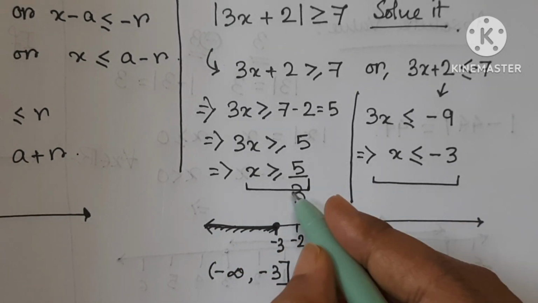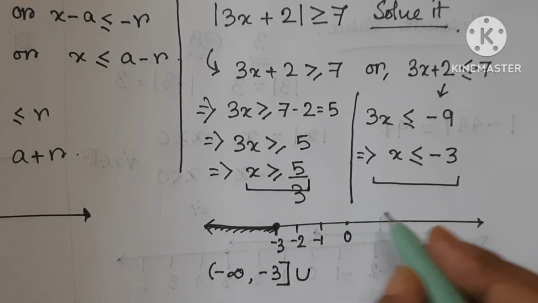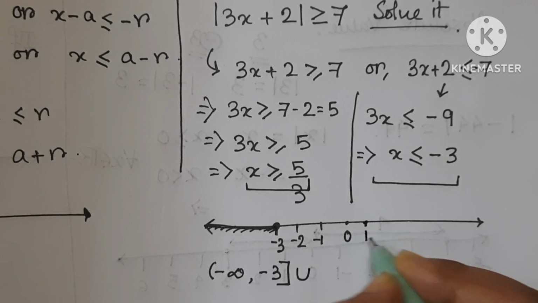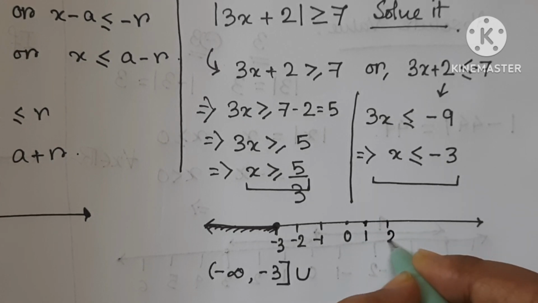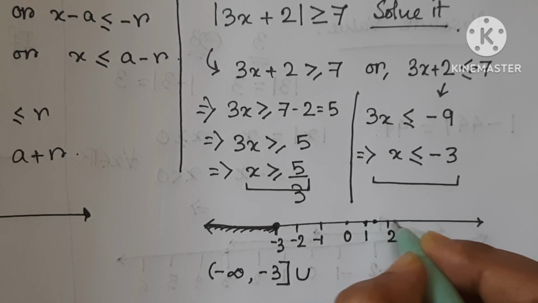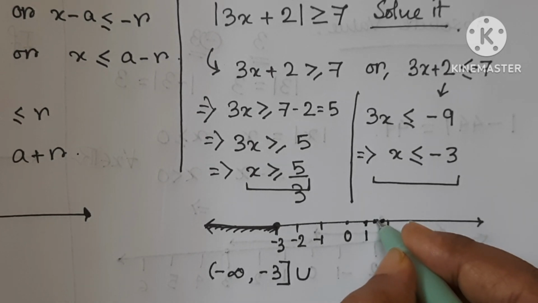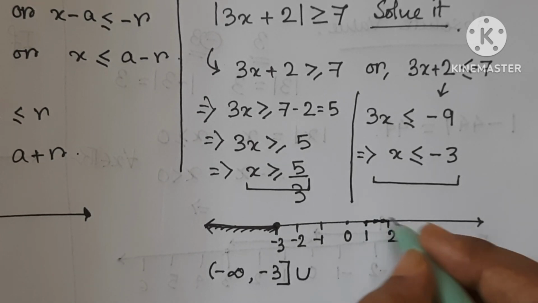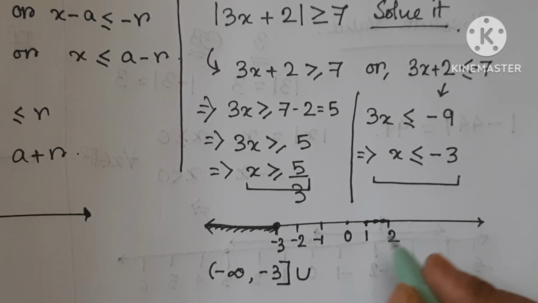Okay, so 5 by 3, if this is 1, this is 2, then 5 by 3 will be here, in between 1 and 2.